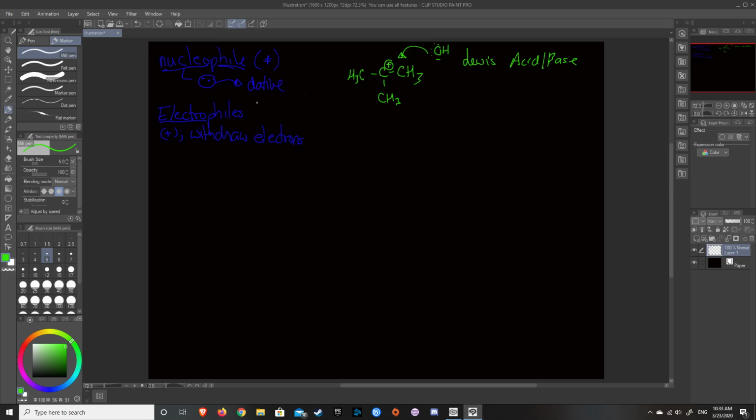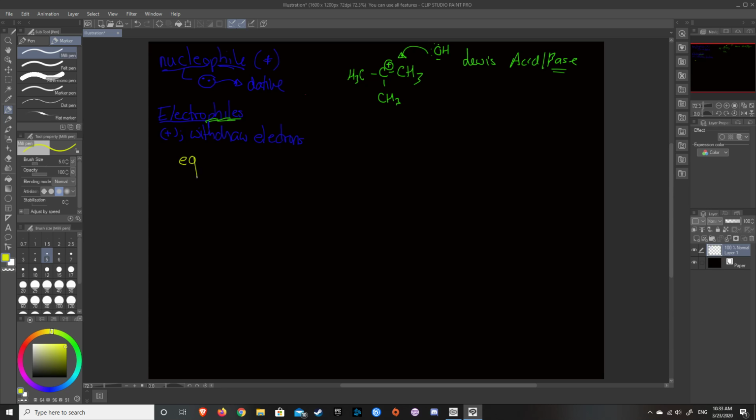So electrophiles can be characterized as Lewis acids, and nucleophiles as Lewis bases. If you did very well on that unit, you can use it to help your understanding of this unit. So electrophiles can be positively charged, and they withdraw electrons.